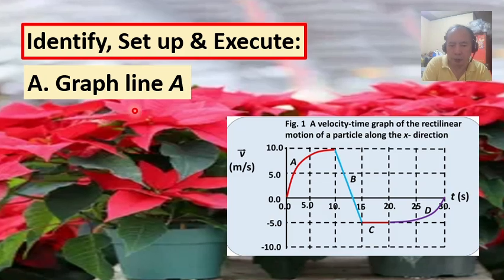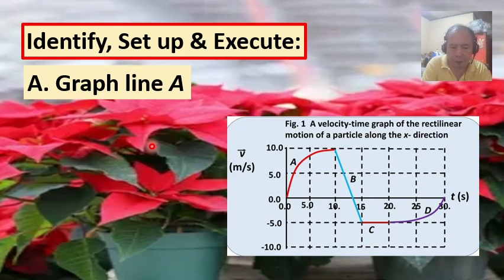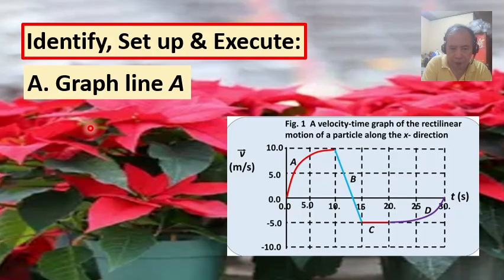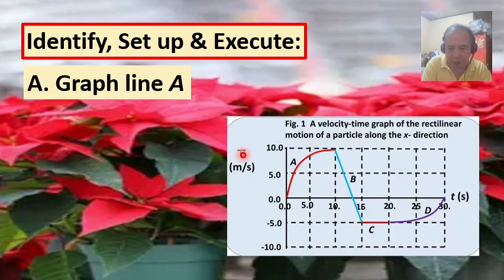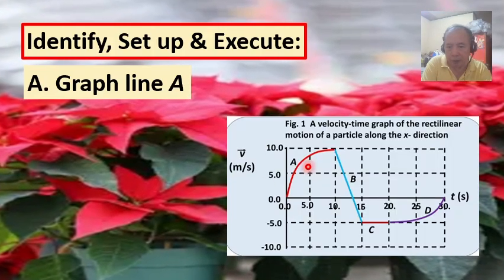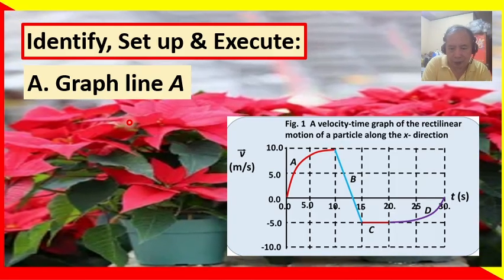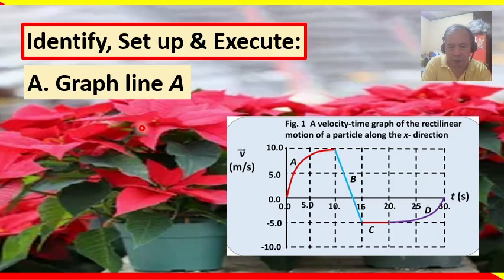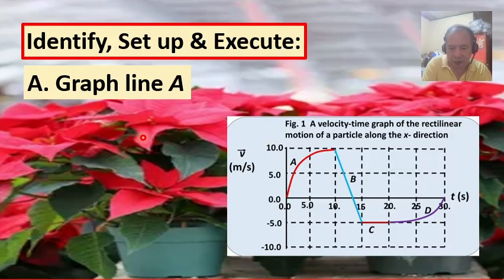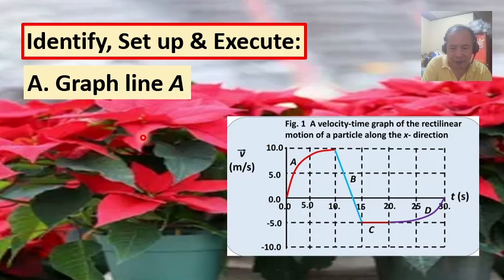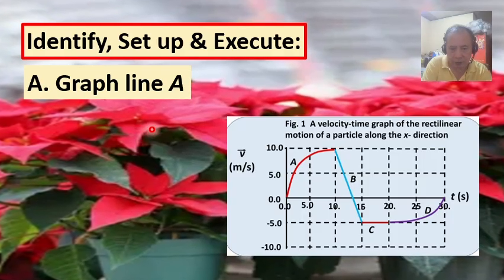In question number 1, the correct answer given is option A, which describes graph line A to mean that the acceleration of the body is increasing positively, right?